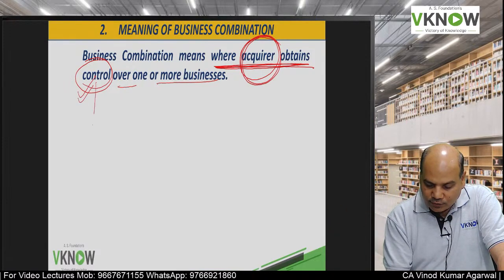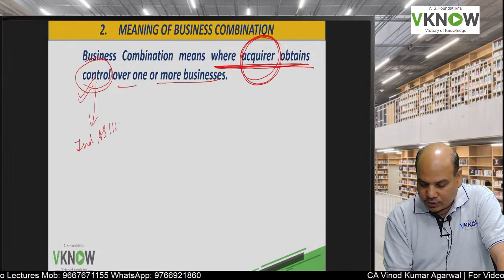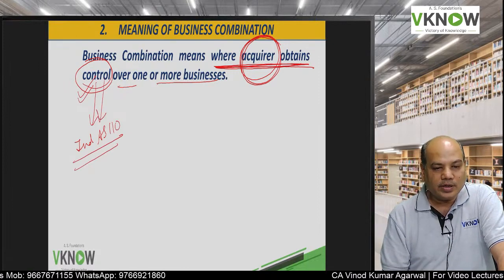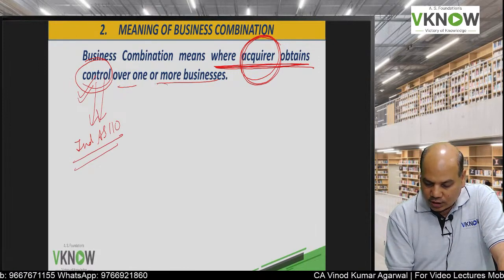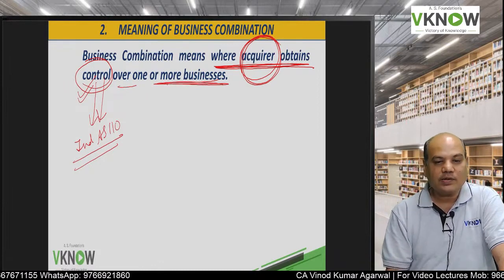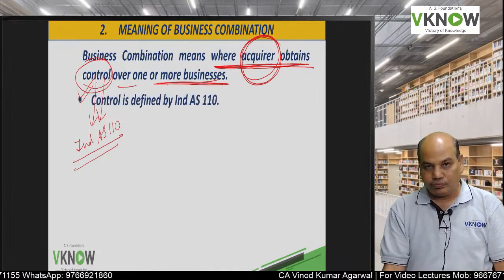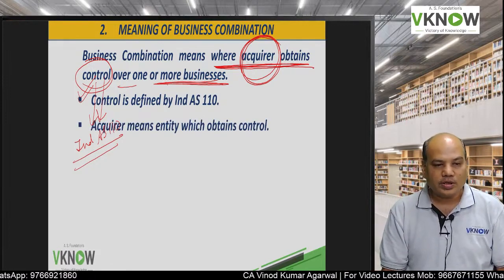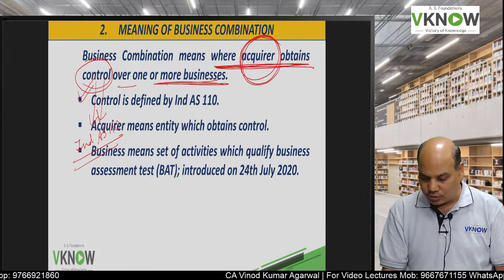What is the meaning of control? This is covered in IND AS 110. Your definition of control is covered by IND AS 110, and the meaning of business is covered by this standard. Control is covered by 110. Acquirer means the entity which obtains control.